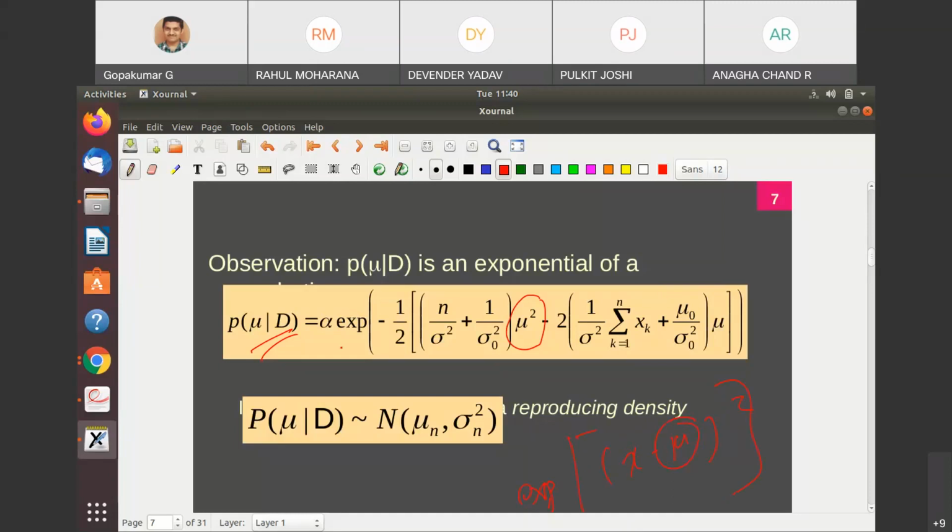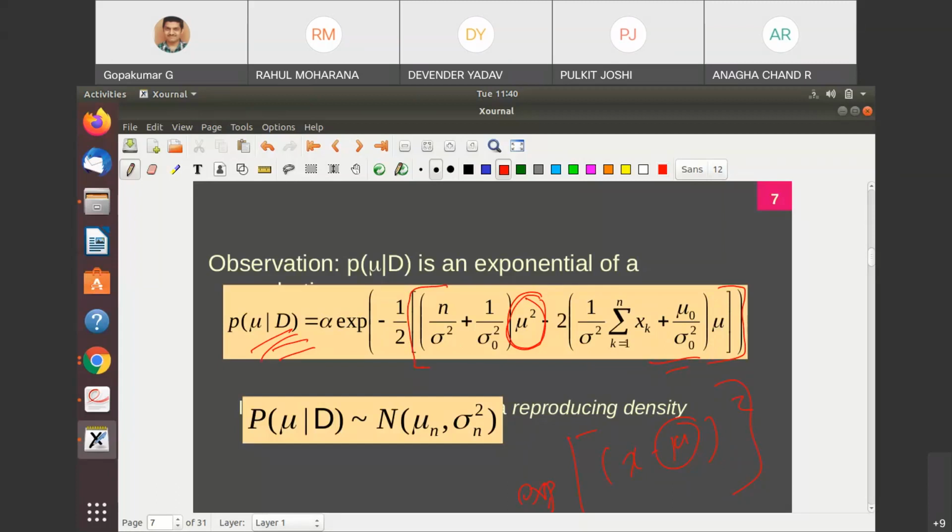Similarly this is also going to be exp of minus half, and it will have a square term, and the remaining is some additional term, but all these form the exponentiation term.